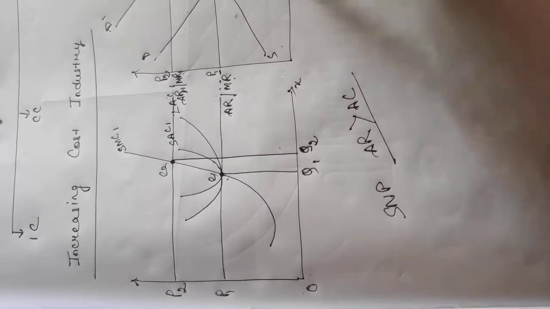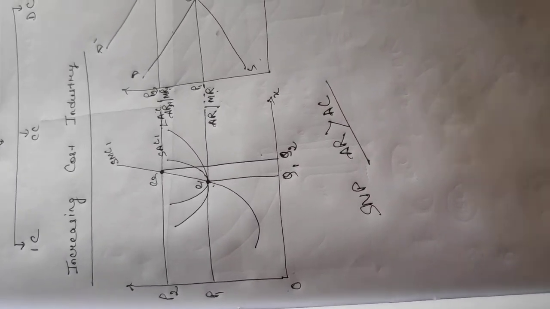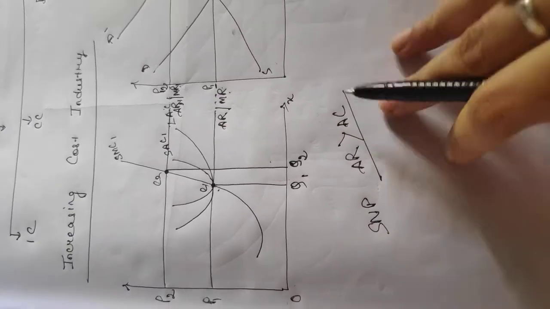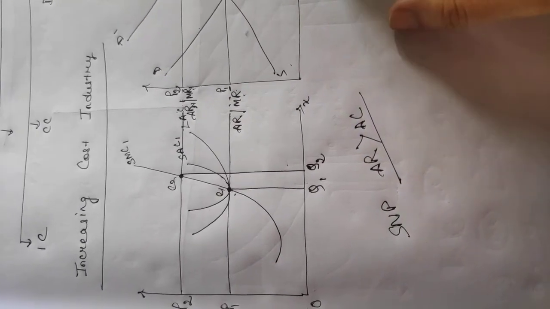The other firms in the market which are outside the industry will get attracted into the industry, because the existing firms are earning supernormal profit.